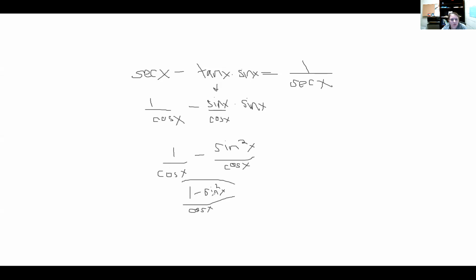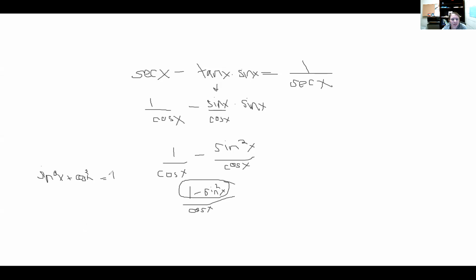And then think about this right here. What is this the same thing as? Well, 1 minus sine squared, think about your identity. What identity uses a 1 and a sine squared? Well, there's the Pythagorean identity, which says sine squared of x plus cosine squared of x is equal to 1.